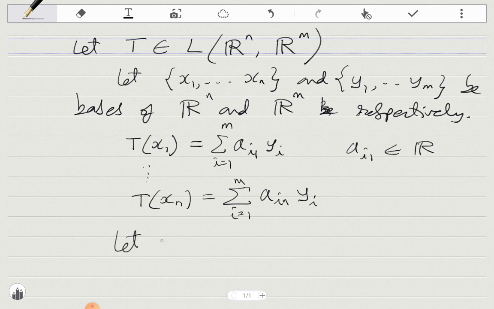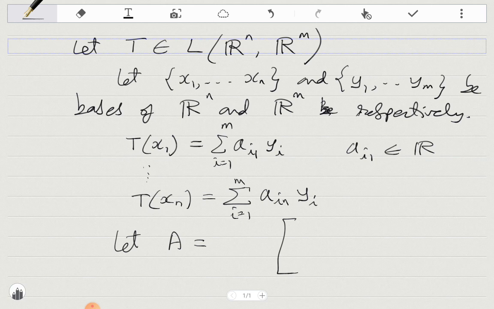Let A be this. Now the term array has no precise mathematical meaning. It's just a convenient way of writing. If one wants a mathematically precise thing, I might as well write an n times m tuple of these.